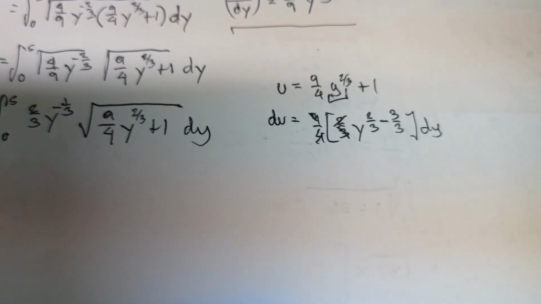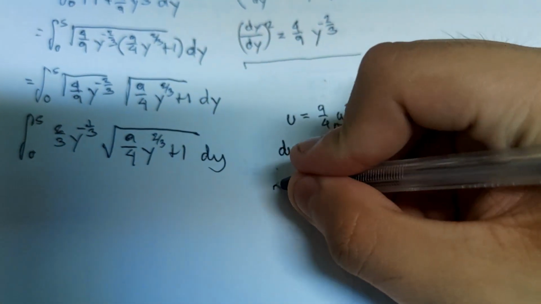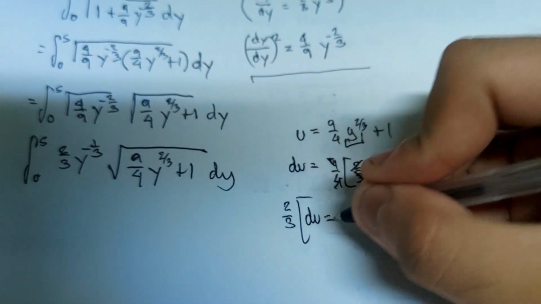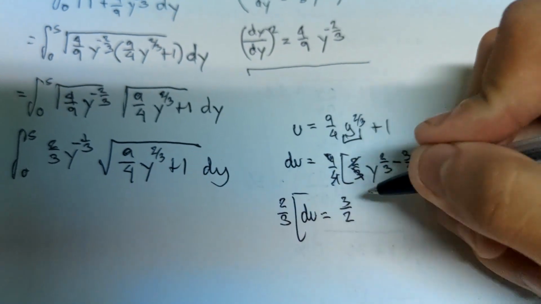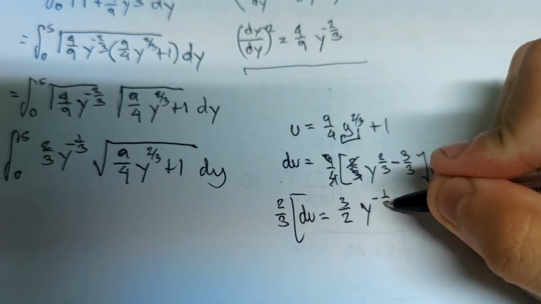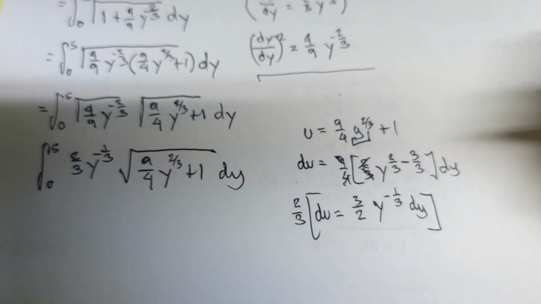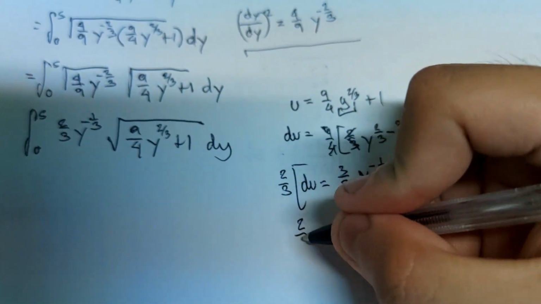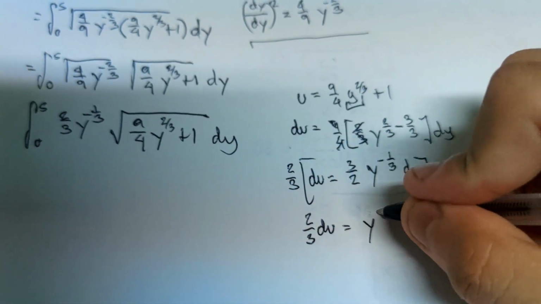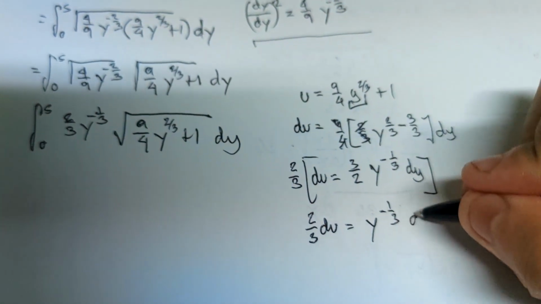So this will become du equals 3/2 y raised to -1/3 dy. And then 2/3 du equals y raised to -1/3 dy.